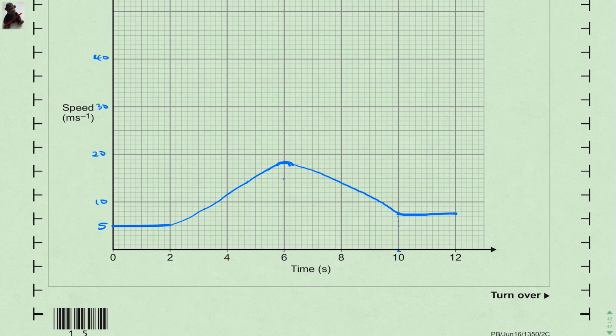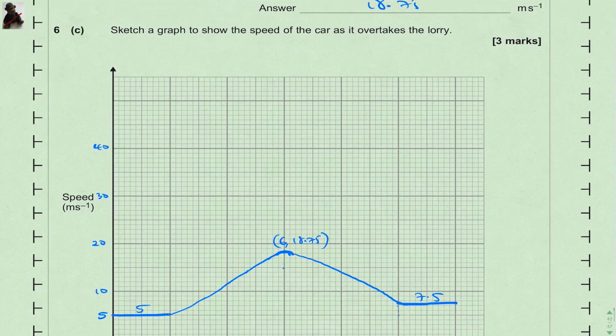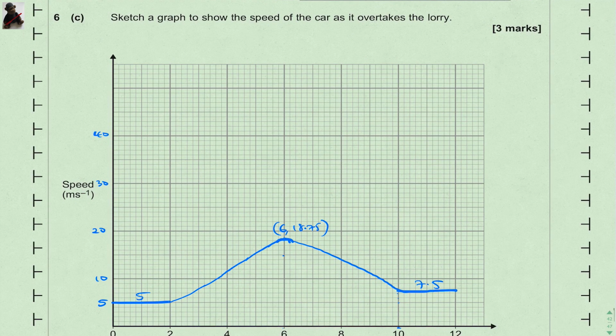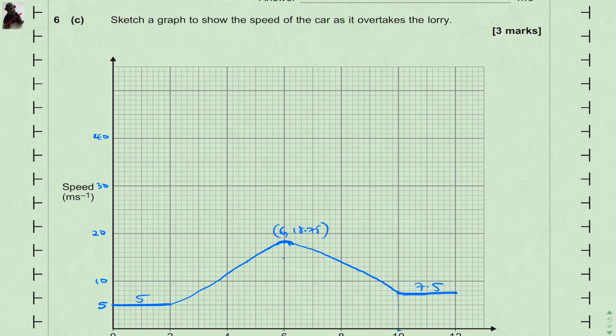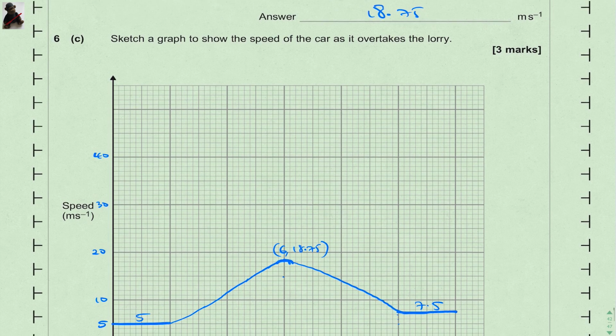So that's the diagram from there. At this point, time is 6, and that's 18.75. Okay, and this is 7.5 constant, and that's 5 constant. That's sketching the speed graph from the distance time graph. This is the speed time graph.